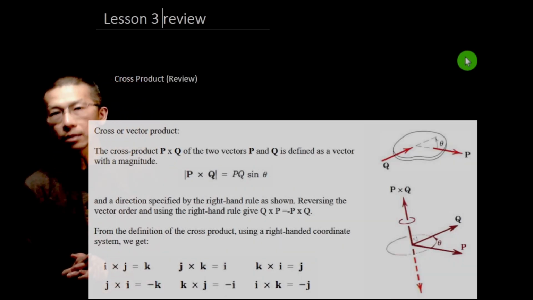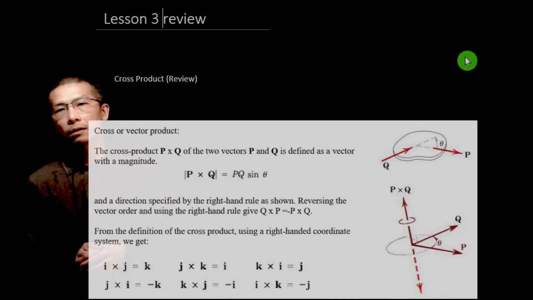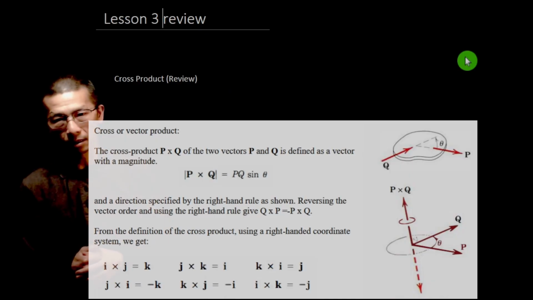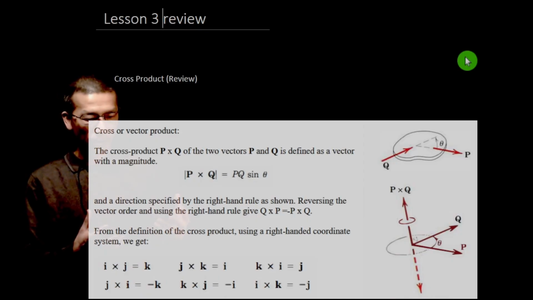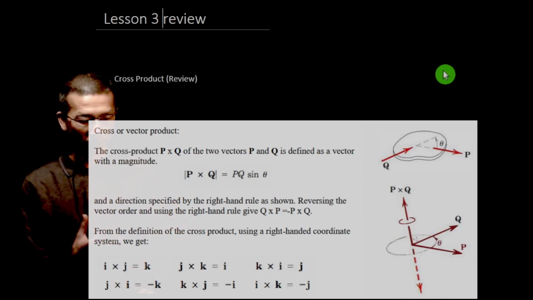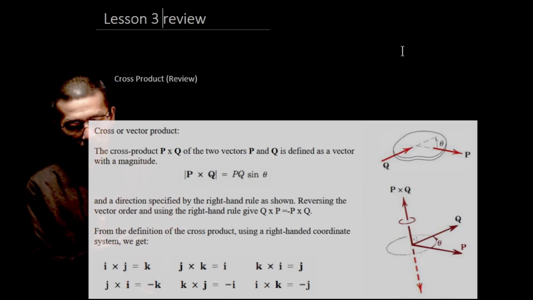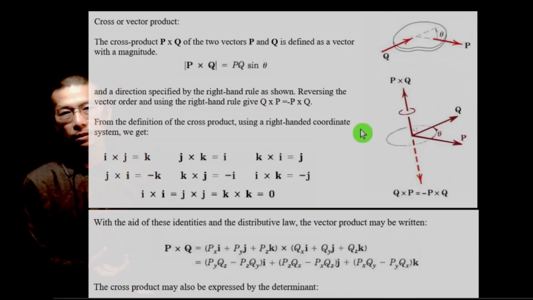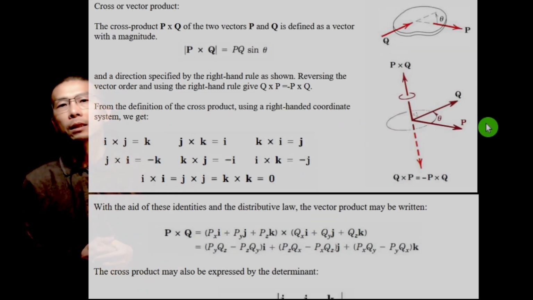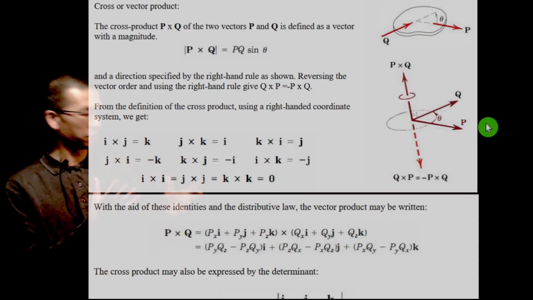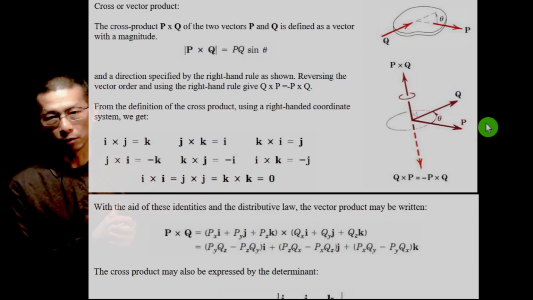So from last week, we did this dot product and cross product. Please make sure you get a grasp of how the cross product works. It takes a bit of practice, but here is a summary of what we did last week.